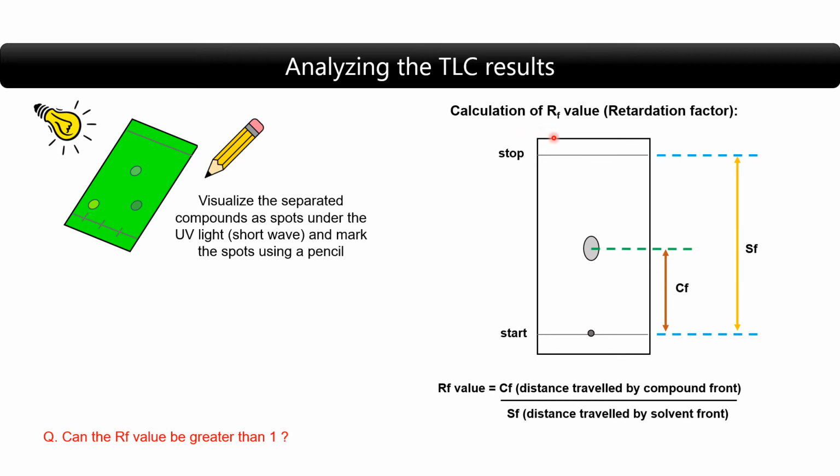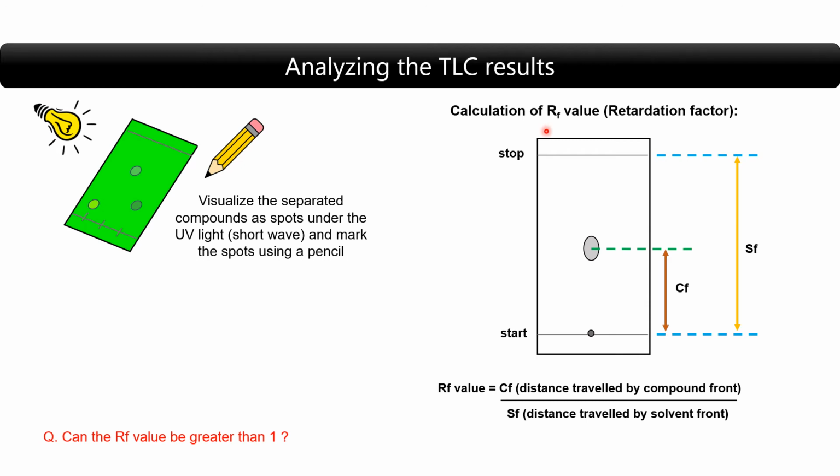In TLC, this RF value explains the same thing: how much was this particular compound delayed in its movement across the TLC plate? And that value is going to be unique to each particular compound.